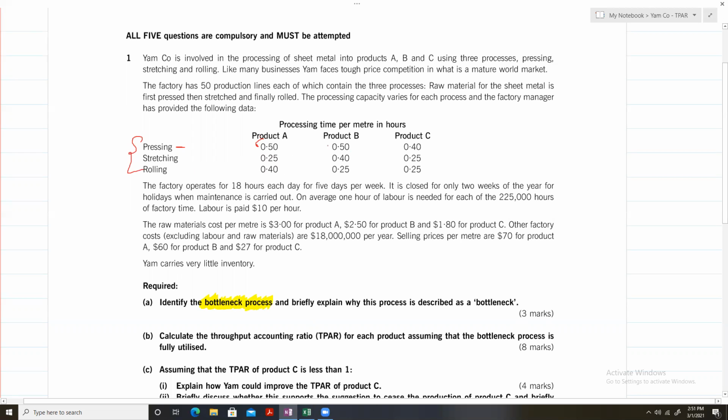Again, pressing takes 0.5 hours in product B as compared to 0.4 hours of stretching and 0.25 hours of rolling. Again, pressing takes 0.4 hours in product C as compared to 0.25 hours of stretching and 0.25 hours of rolling. So, pressing is the bottleneck.